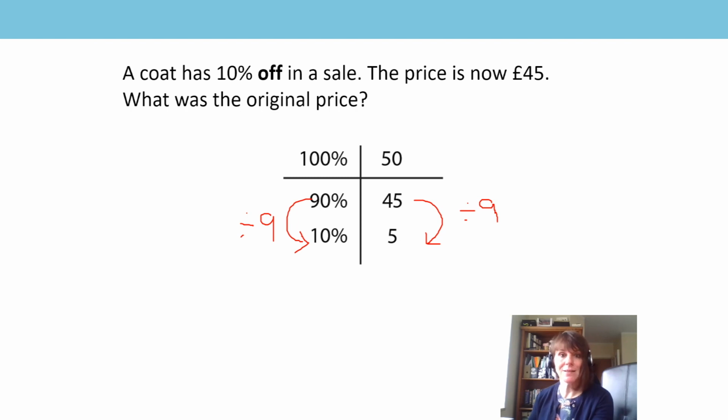Remember with Miss Heaton, she said that if you've got known percentages, you can use those to work out unknown percentages. And here, 90% add 10% of the original price, £45 add £5 will give me the original price of £50. I've got two ways there of using my ratio chart.